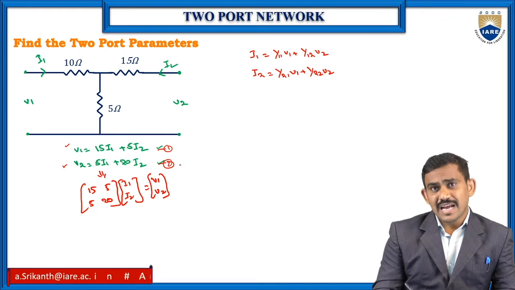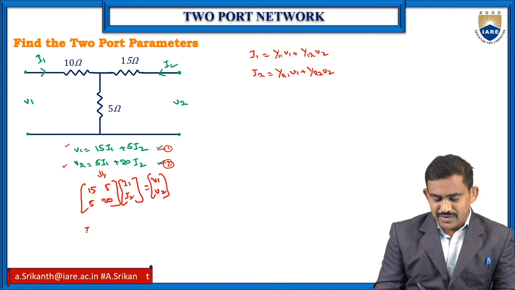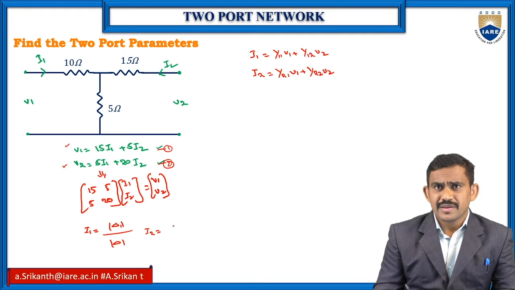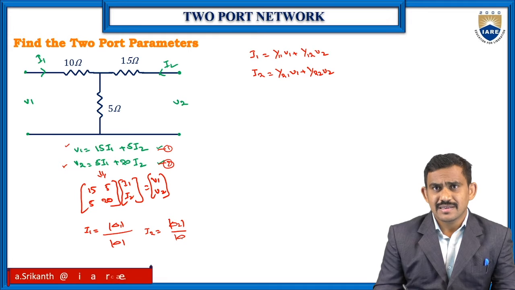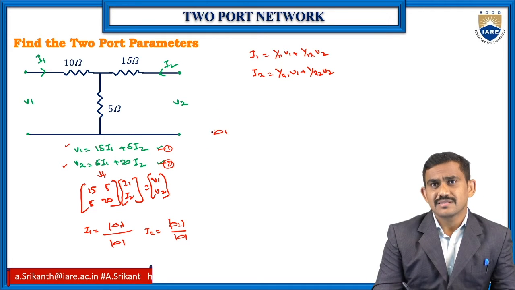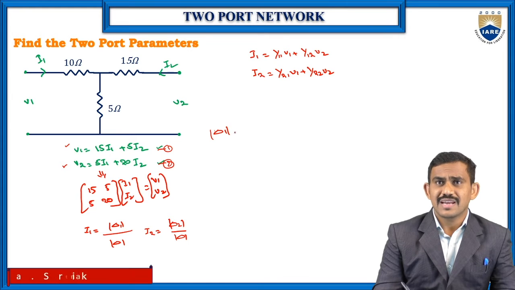So by Cramer's rule, I1 equals delta 1 by delta, and I2 equals delta 2 by delta.